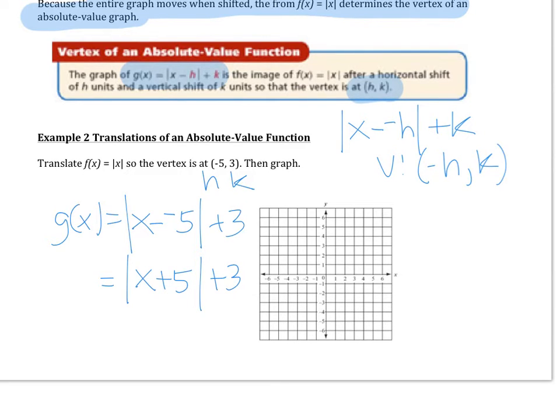Graphing that, let's graph our f of x first, the parent function, and then our g of x, which I know is at negative 5, 3. Negative 5, 1, 2, 3. G of x.